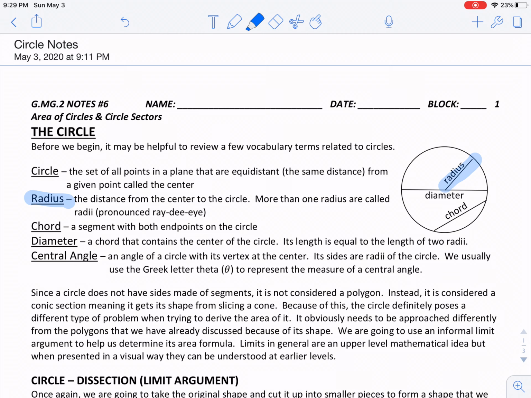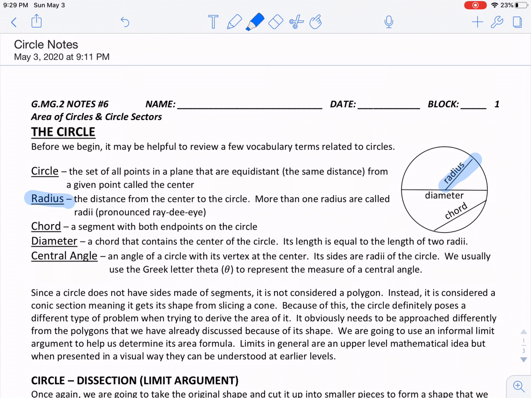A chord is any line segment that has its endpoints on the outside of the circle. And the diameter is just a chord that goes through the center. It's equal to 2 times the radius.